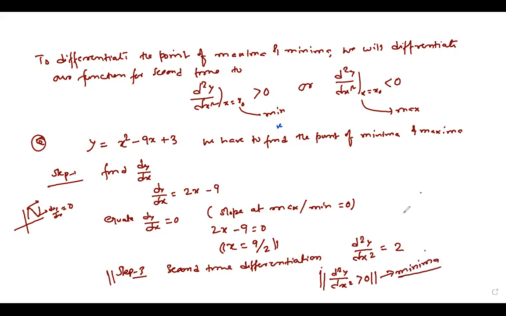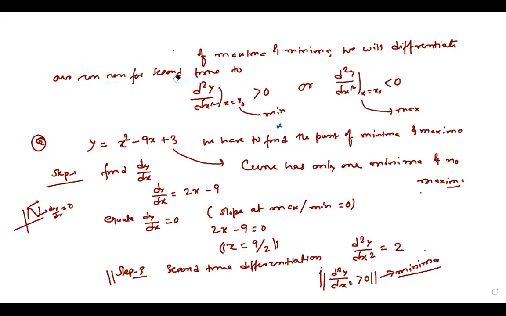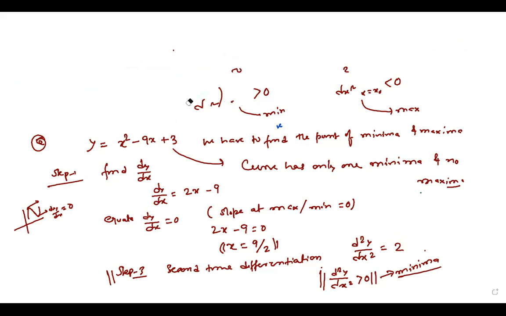So this particular curve has only one minima and no maximum. Okay, let's draw it as well to check. I hope you understand, the steps are very simple. First you just differentiate, differentiate a second time, and put the value of x, and you'll get your answer.